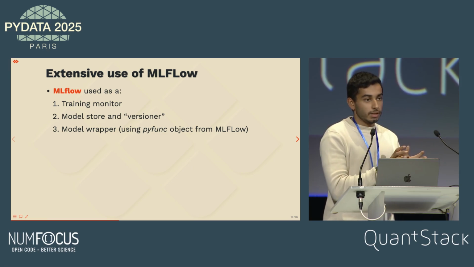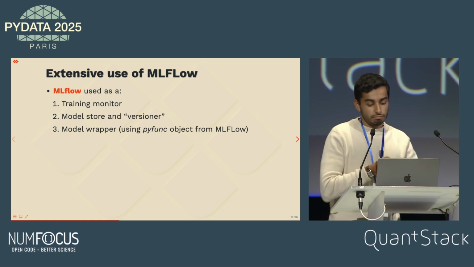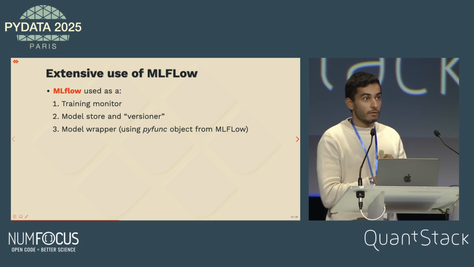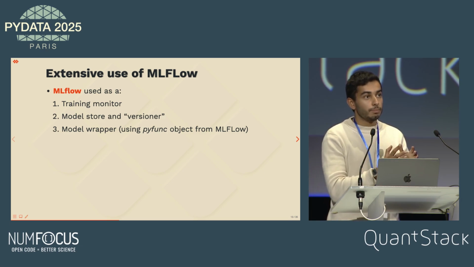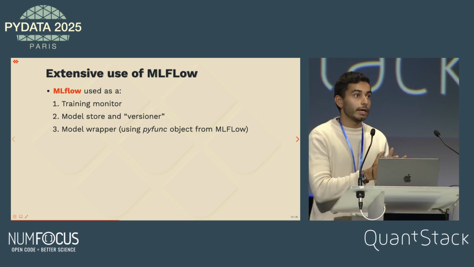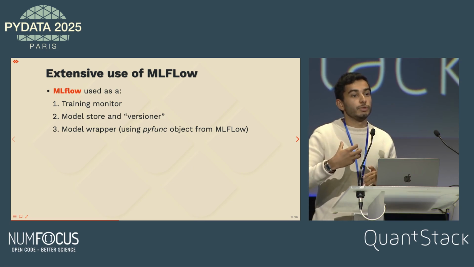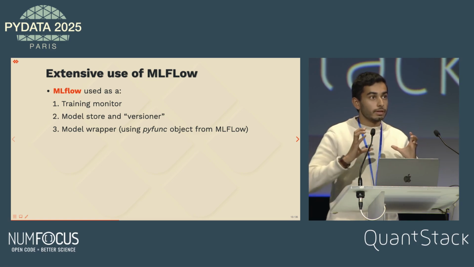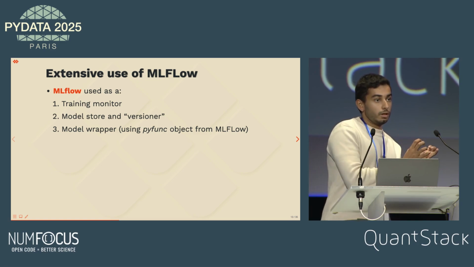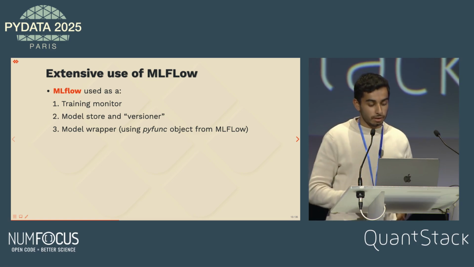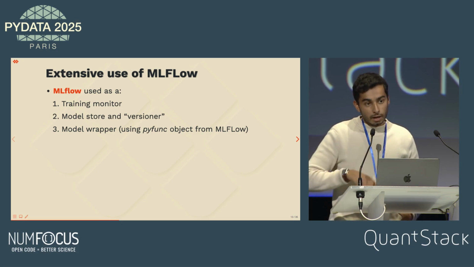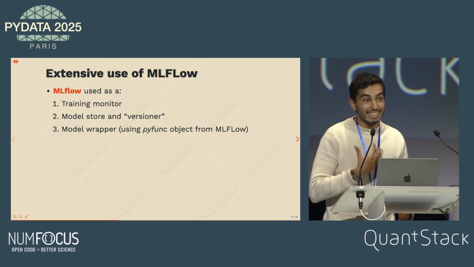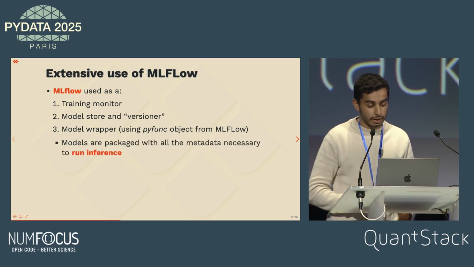So you just put as an input the raw text, like, I don't know, the activity description, and it does the pre-processing of the text. It goes through the PyTorch model, and it converts the logits into something which is human readable in terms of label. So this wrapper that only takes raw input and outputs something which is human readable is also done by a PyFunc object, and MLflow enables an easy serving of a trained model.